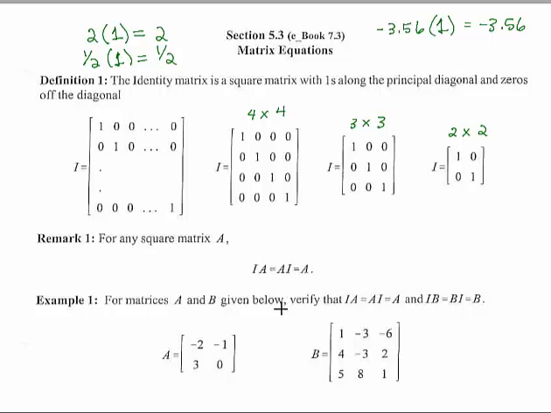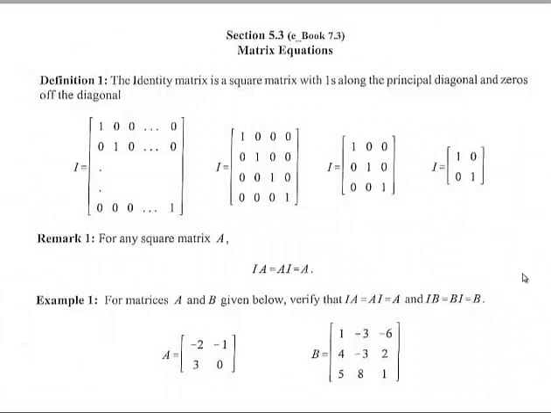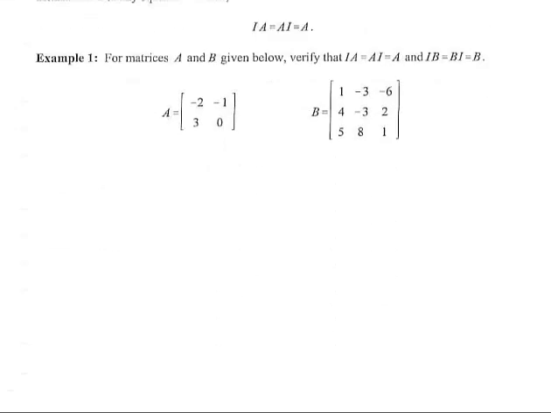In example 1, what they want us to do is take A and B and multiply them by their identities. A is a 2 by 2, so the identity matrix for A will be a 2 by 2, where we list only ones in the principal diagonal, and all of the other elements are 0.